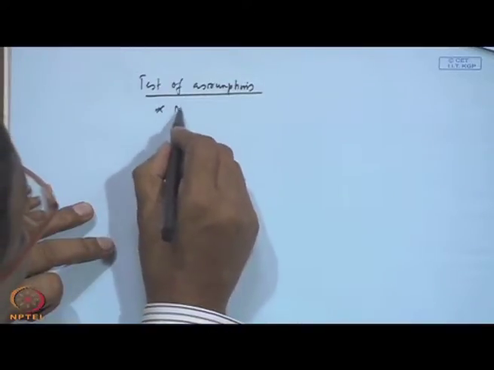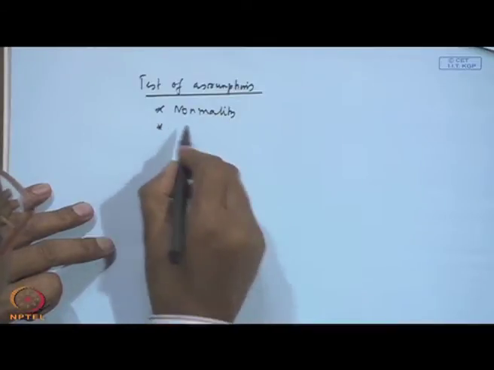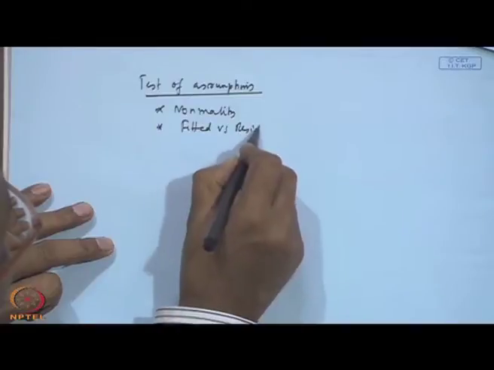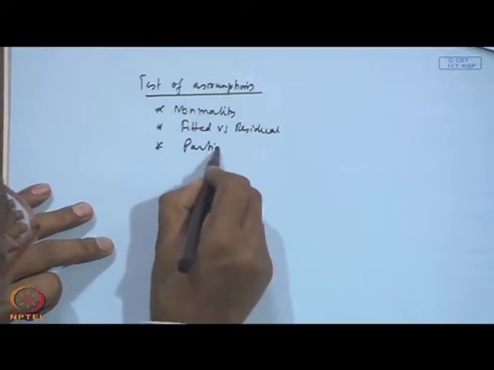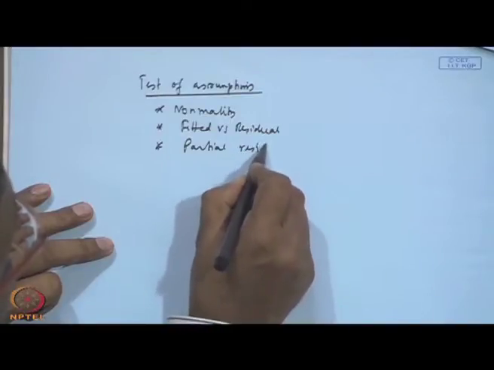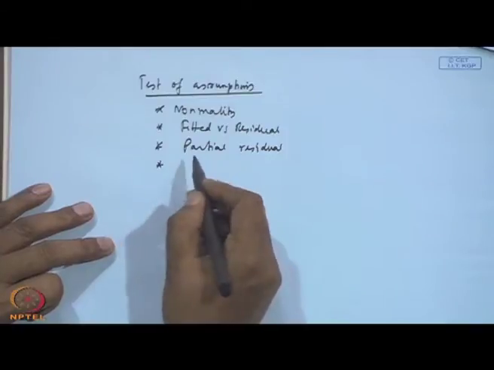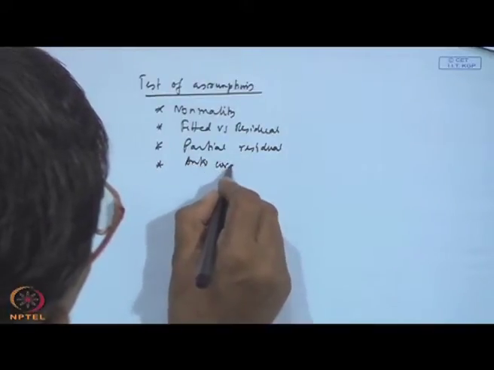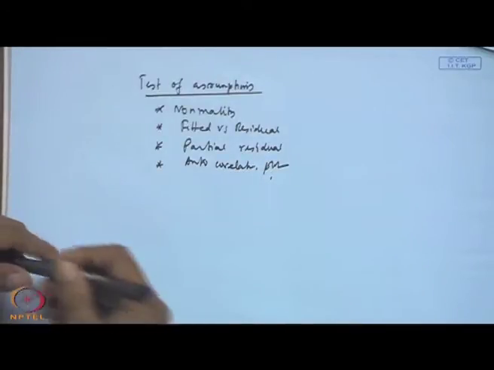We said normality plot, normality of error terms, then the fitted versus residual plot, then the partial residual plot, then we also said the autocorrelation plot. Okay. Similarly, many plots we have seen.